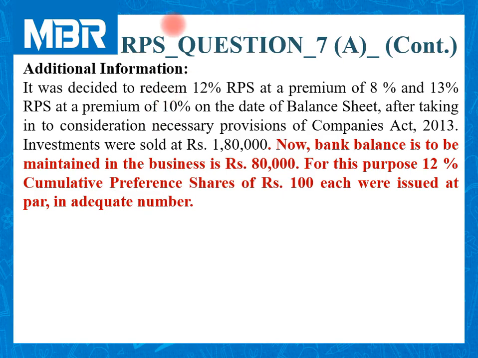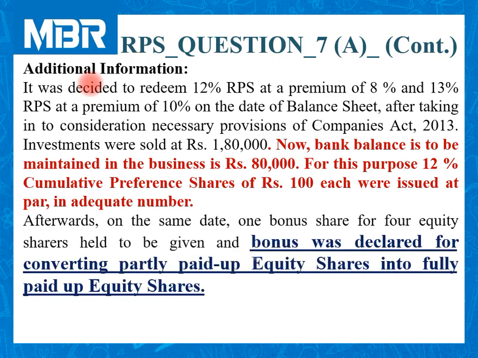For the purpose of managing the closing balance, the company is ready to issue new preference shares of rupees 100 each in adequate number. We need to calculate that number in order to maintain the closing balance. After redemption, the company decided to issue one bonus share for every 4 equity shares held, and the company also declared bonus to convert partly paid equity shares into fully paid up.